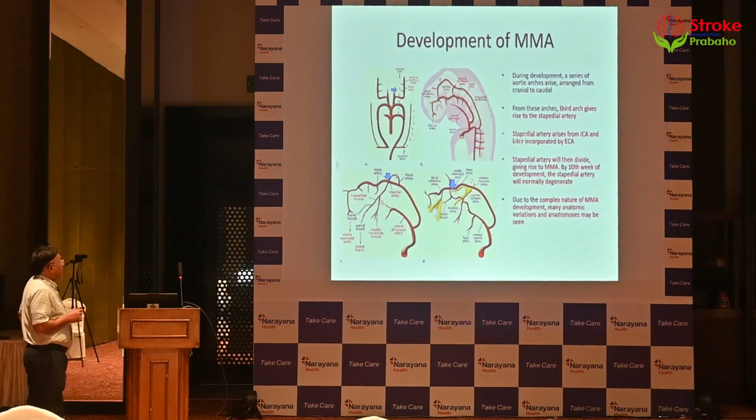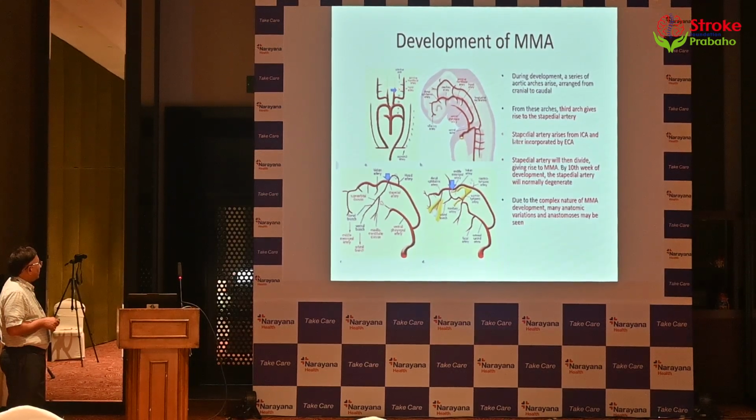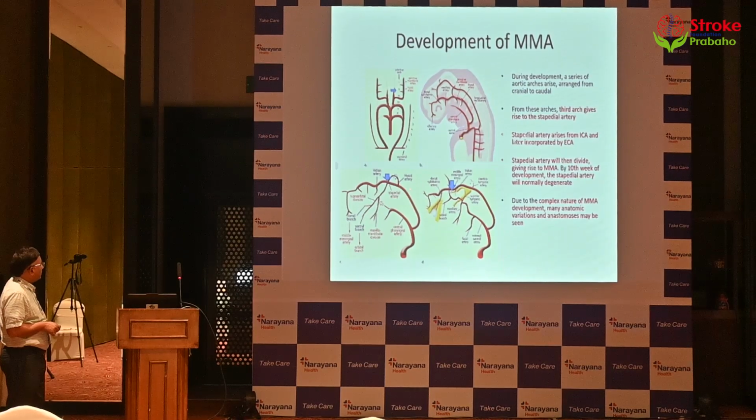I will show only one slide on the middle meningeal artery: usually it is the second arch which gives the stapedial artery, and this stapedial artery initially arises from the internal carotid artery.